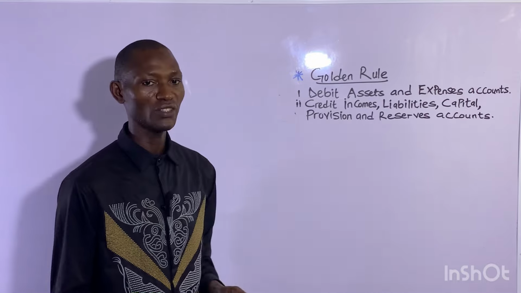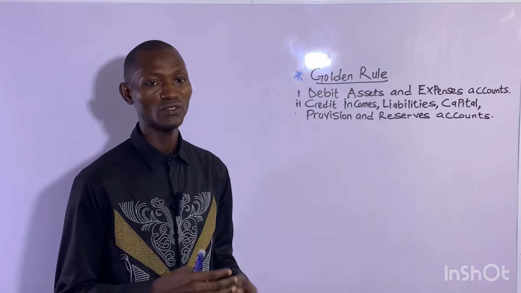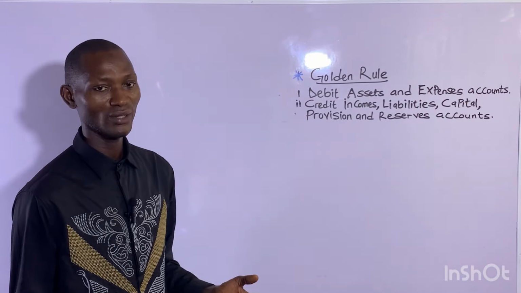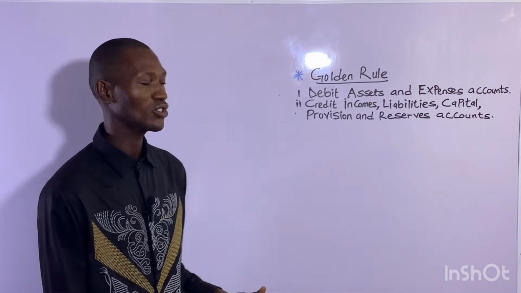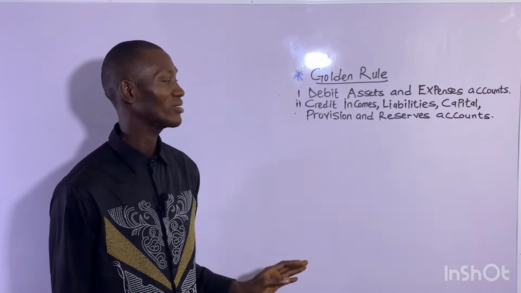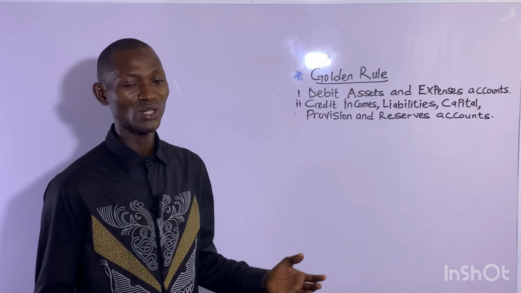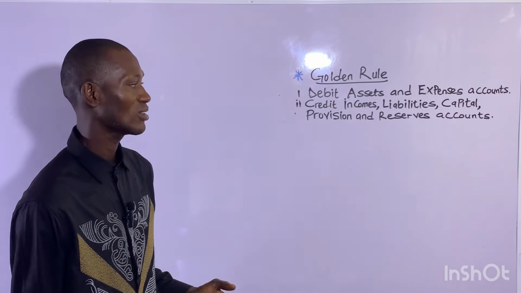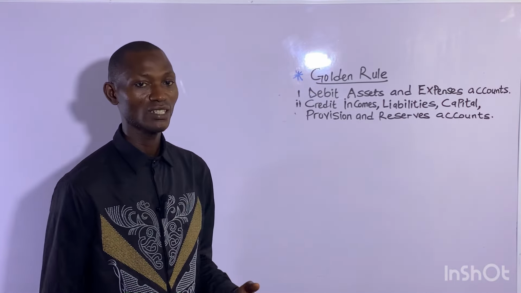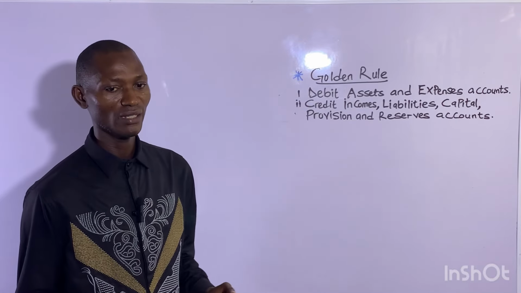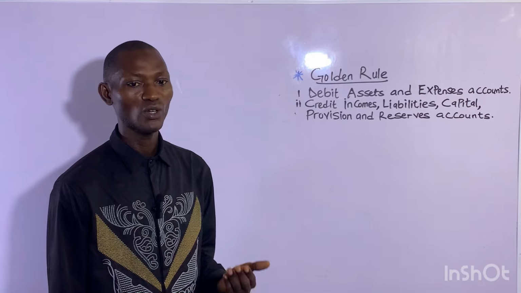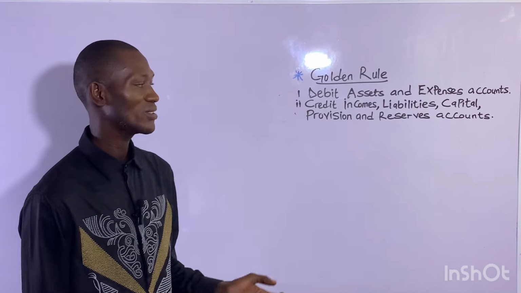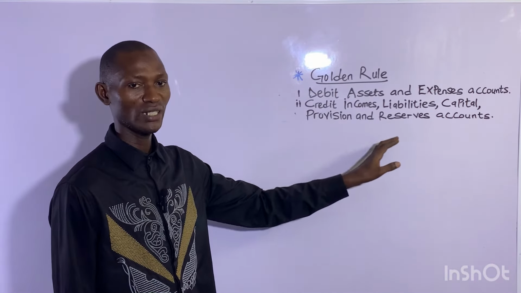So anything provision, be it provision for bad debt, provision for discounts on debtors, provision for depreciation, any kind of provisions must be credited. Then we have reserve. Reserve is also part of profit or surplus that is set aside to strengthen the financial base of the business. So be it capital reserve or revenue reserve, the two must have a credit balance.